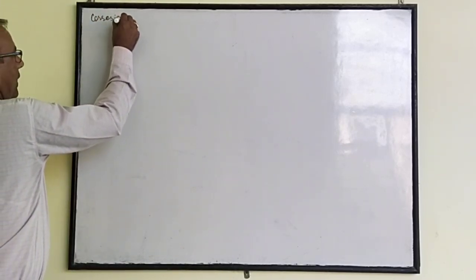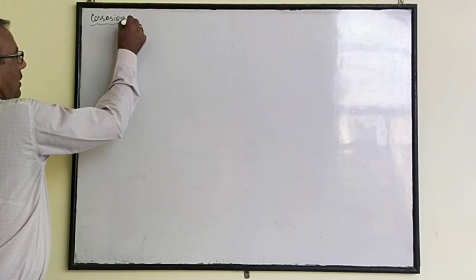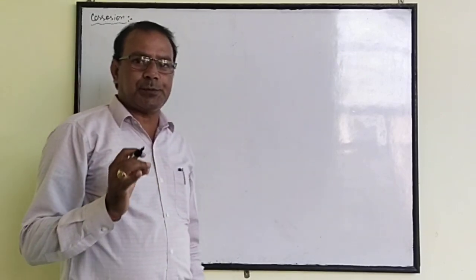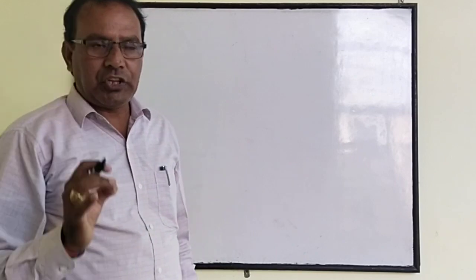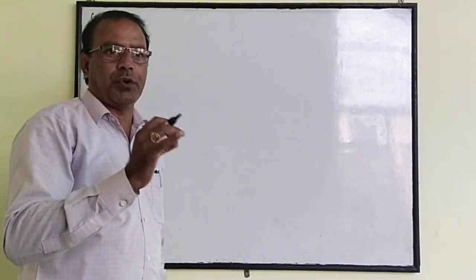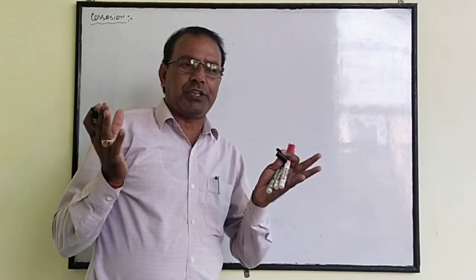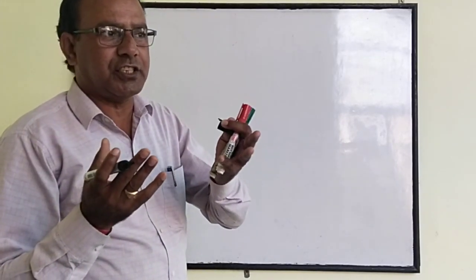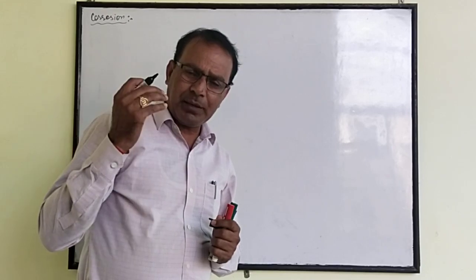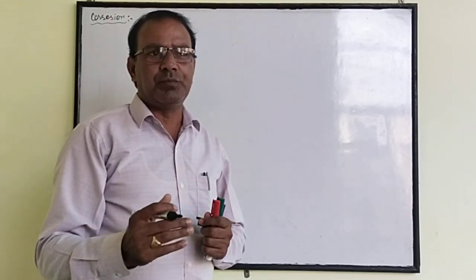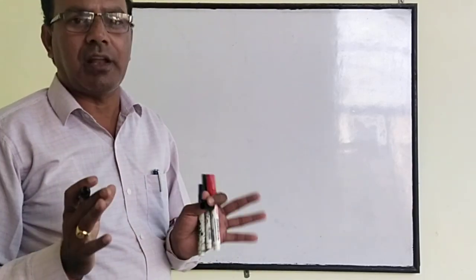What is corrosion? When any metal is exposed to air, a thin layer of oxide is deposited on it. For example, take aluminium; if aluminium is left open, like a new pressure cooker we have purchased, after some time if we do not use it, we can see that its shine becomes dull.